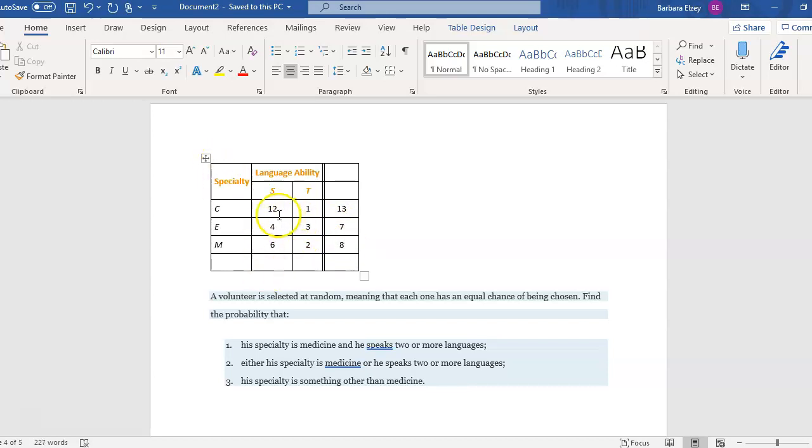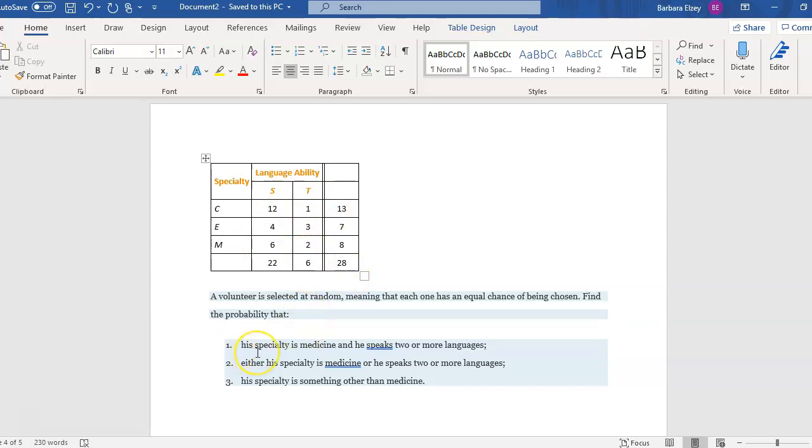And I'm going to add every column. So this will be 16, 22, and this one will be 6. And I'm going to add this 22 and 6 to get 28. And if I've added everything correctly, this should also add to 28, which it does. Now we'll see in a moment where we're going to use these numbers.